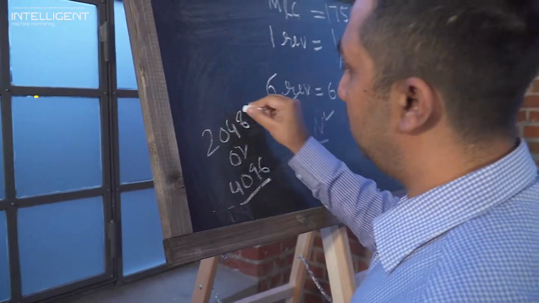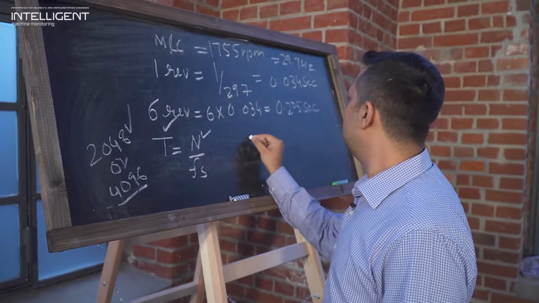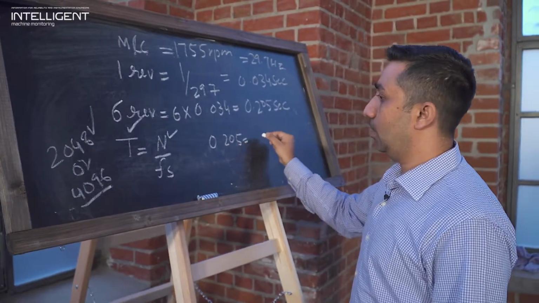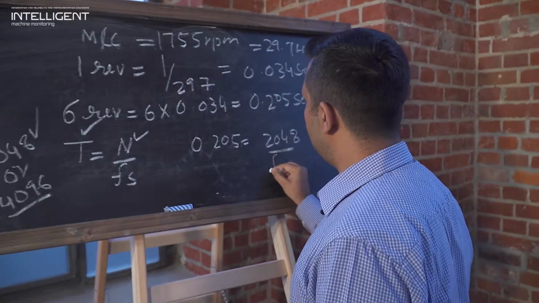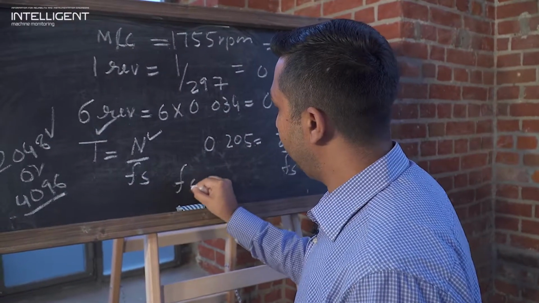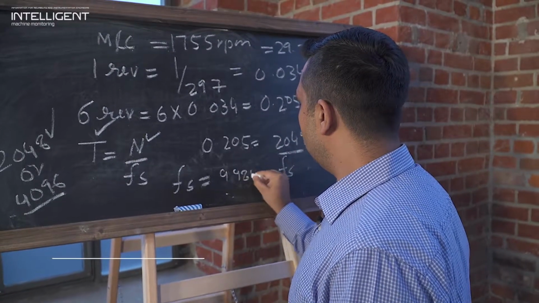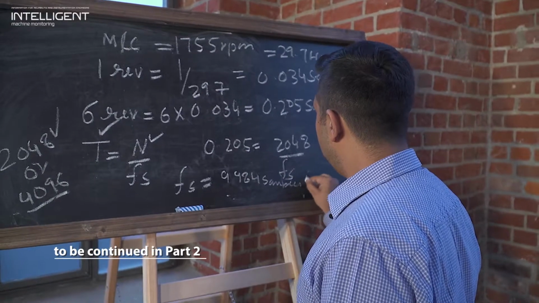This is better, but minimum you should take 2048. So what's the time? 0.205 seconds and 2048 samples. And Fs you can calculate. So Fs is 9984 samples per second.